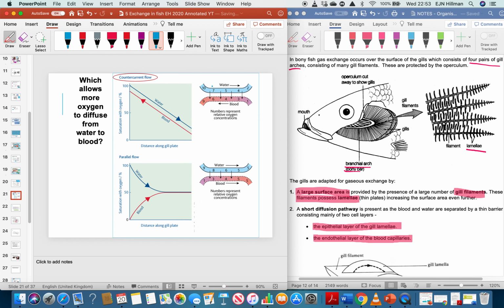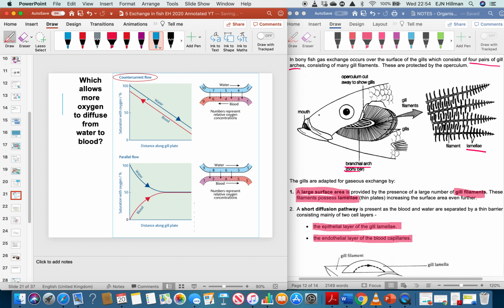Okay, if we compare that then, obviously the saturation of the oxygen in the blood with countercurrent flow can be much greater than it is with parallel flow. Parallel flow, a maximum of 50% saturation, or 50% of the oxygen from the water into the blood.